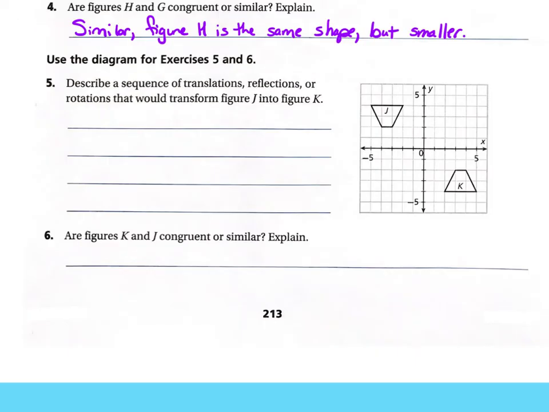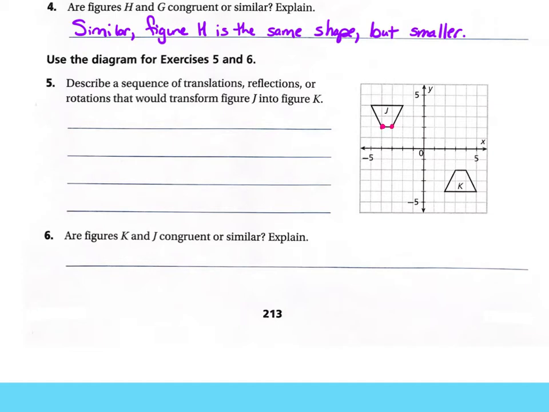Number 5, describe a sequence of translations, reflections, or rotations that would transform figure J into figure K. Well, I don't have vertices labeled, so I can't really tell if these are backwards of each other, but they're definitely upside down.